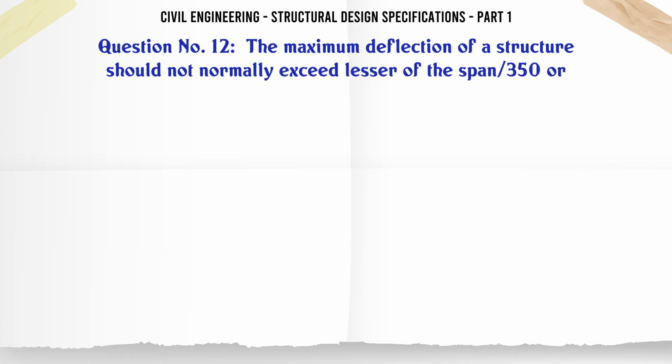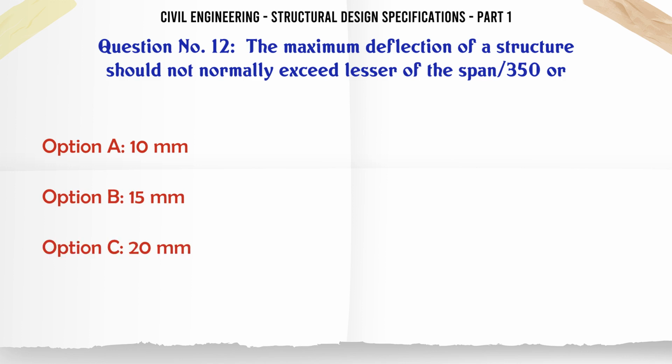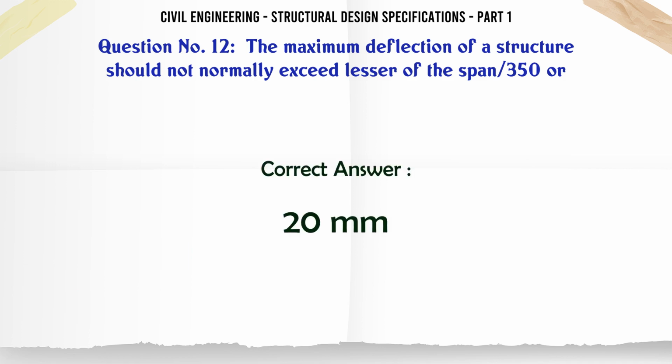The maximum deflection of a structure should not normally exceed the lesser of span/350 or: A. 10 mm, B. 15 mm, C. 20 mm, D. 25 mm. The correct answer is 20 mm.